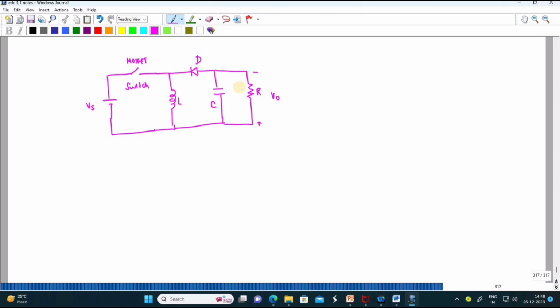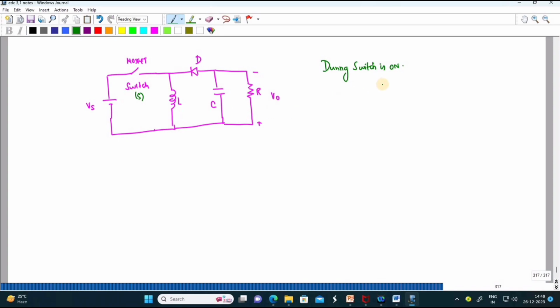So what happens when the switch is on? When the switch is on, the inductance gets charged, right?